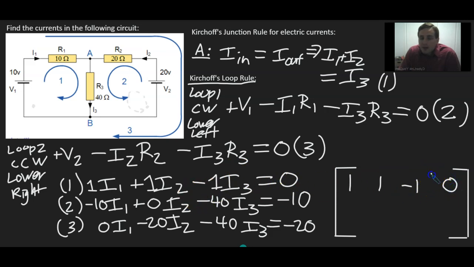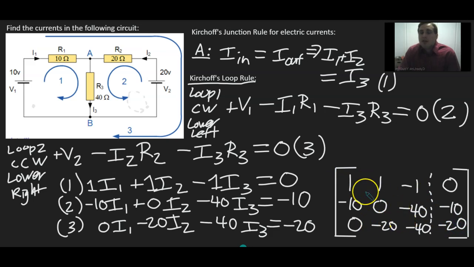And because there's an equal sign, I'll put a dashed vertical line here to separate things out. Negative 10, 0, negative 40, and then negative 10, and then 0, and then negative 20, and then negative 40, and then negative 20.